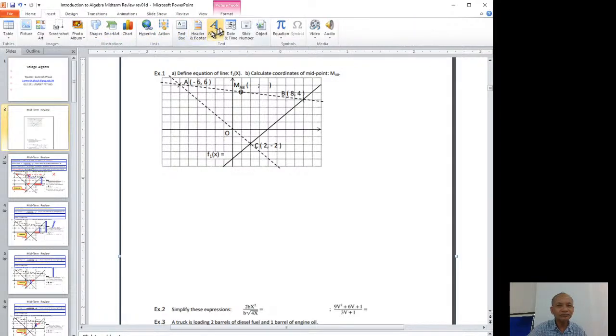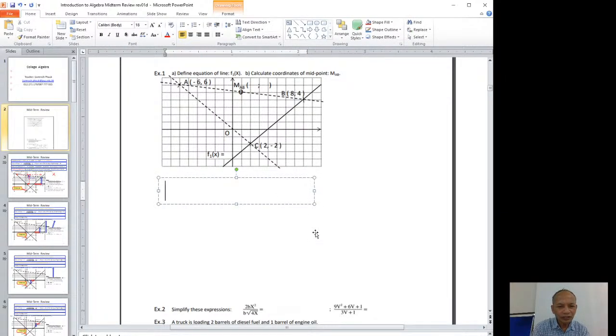Okay, this one: y equals ax plus b. This is the equation of the line, the format. The equation of the line must be: y, the vertical coordinate, equals a, the slope, times x, the horizontal coordinate, plus b, the intercept where the line cuts the y axis. Okay, you write it in this format.